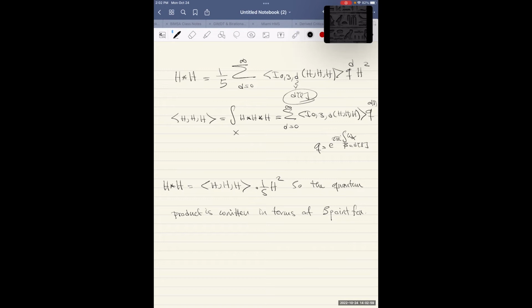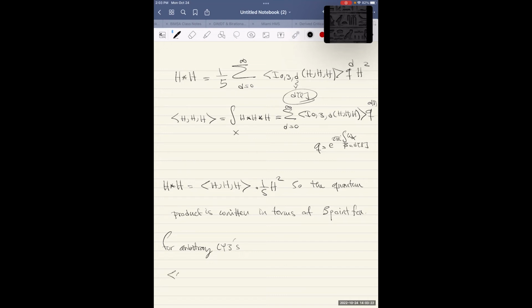Okay, so for arbitrary Calabi-Yau threefolds, it's very similar. You can also see that the quantum product can be written in terms of the 3-point function.